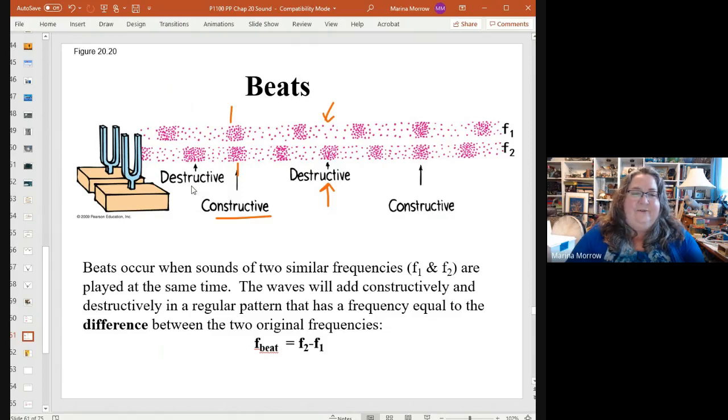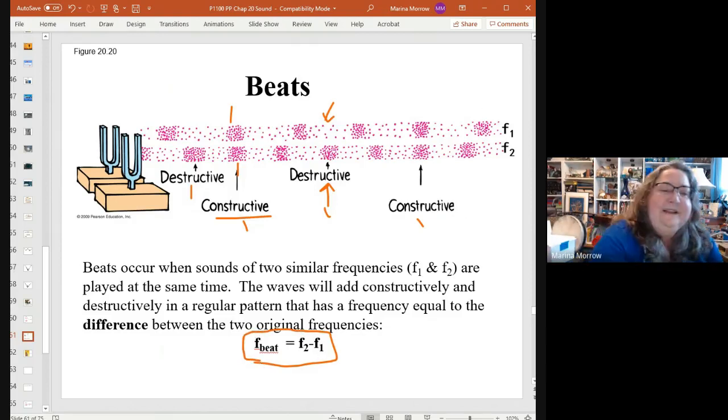And this actually forms a pattern of destructive, constructive, destructive, constructive. And so you actually hear the sound going louder and softer and louder and softer, and it produces a whole new frequency of sound, which is called the beat frequency. And the beat frequency is the difference between the two original frequencies.